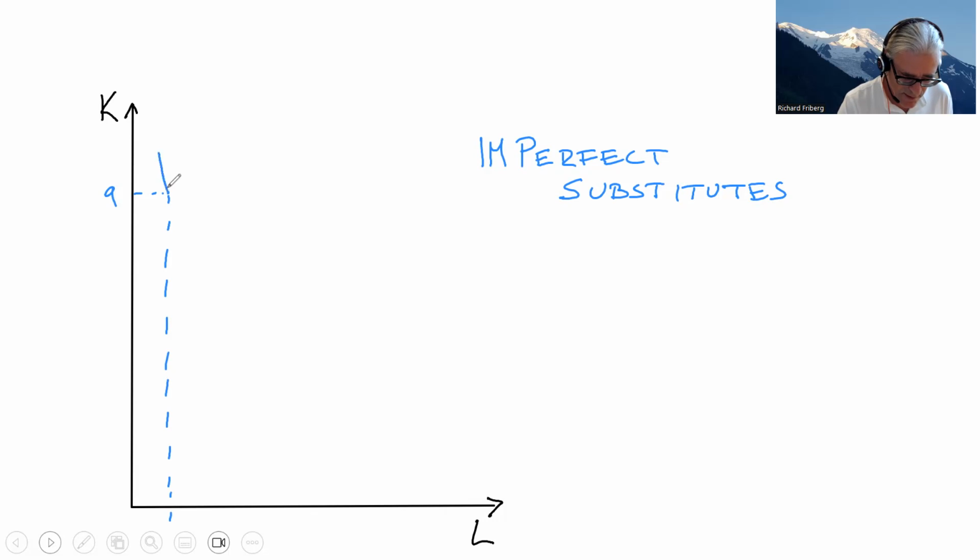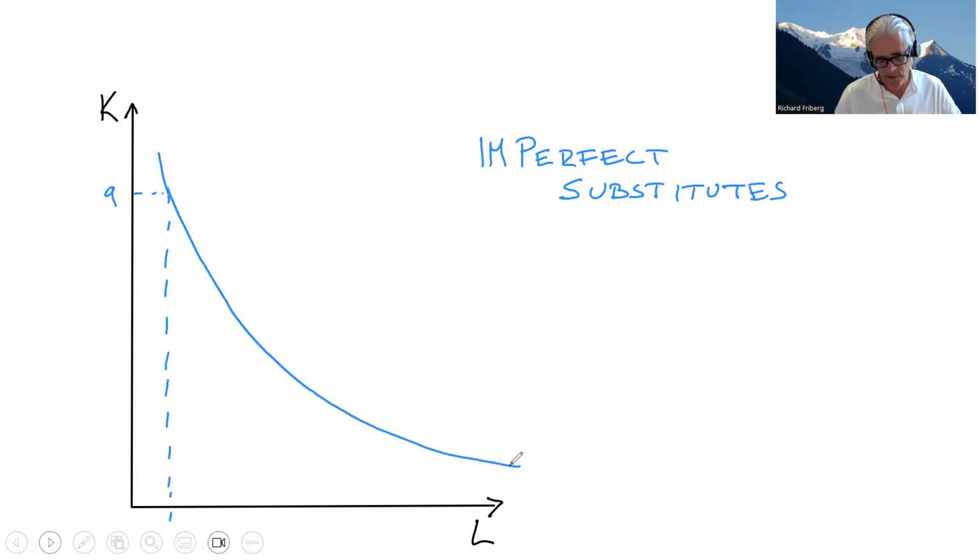If you use less capital, fewer ovens, less machinery, but more labor instead, you can describe how you can trade off these two by a curve like this. So up here, when it's highly automated, you'd be able to get rid of quite a lot of capital and just replace it with relatively little labor, and still produce the same amount.